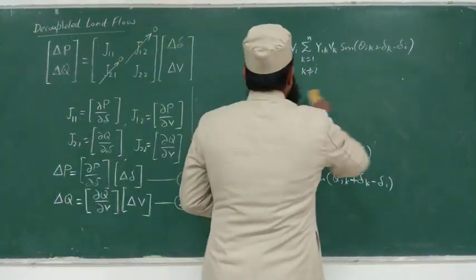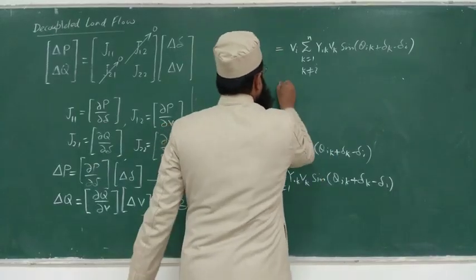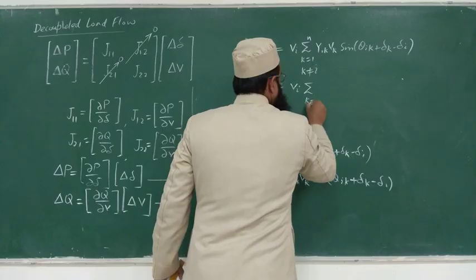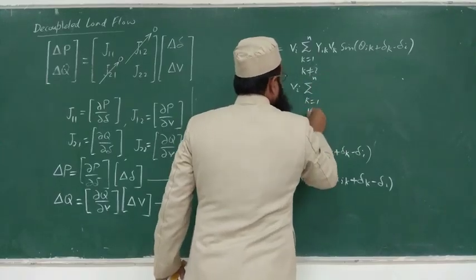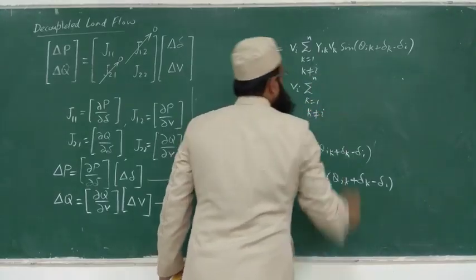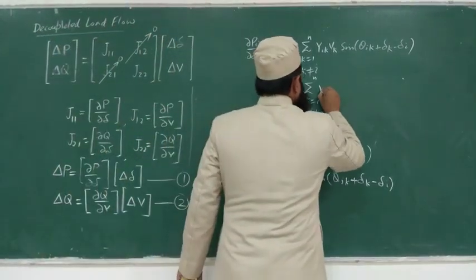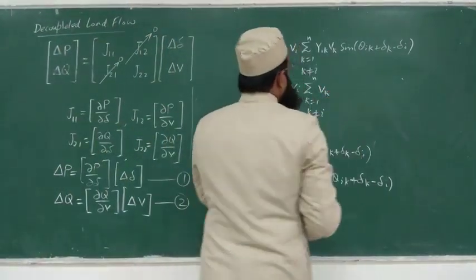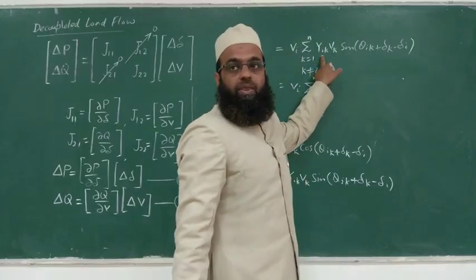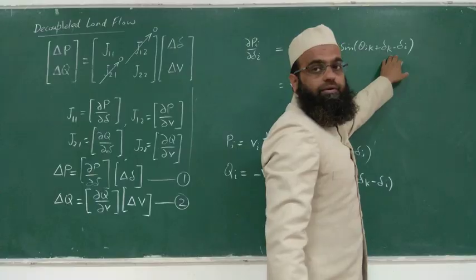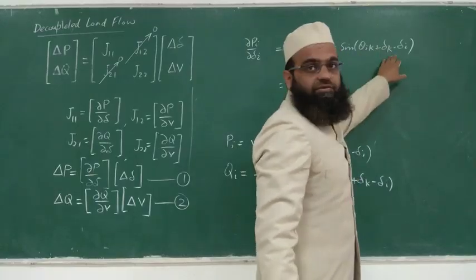So again, we may write it. This is equal to V_i, sum over k equal to 1 to n, k not equal to i. What will it be? Right, first V_k, and this is Y_ik. And again, sine of A plus this angle. So sine A into cosine of this.